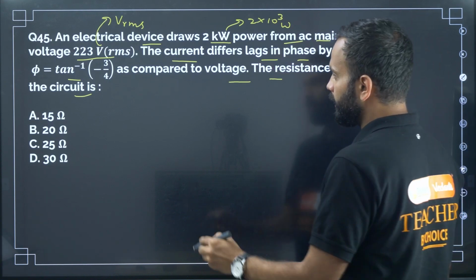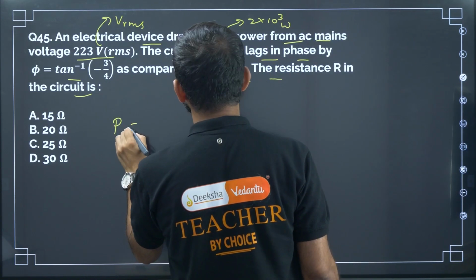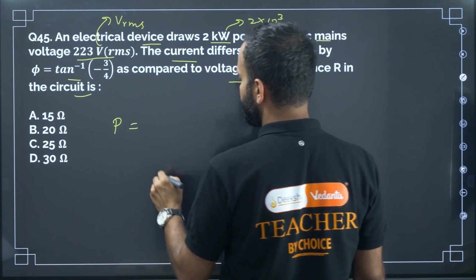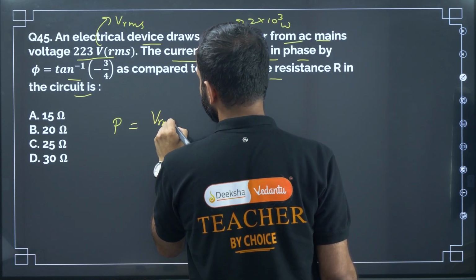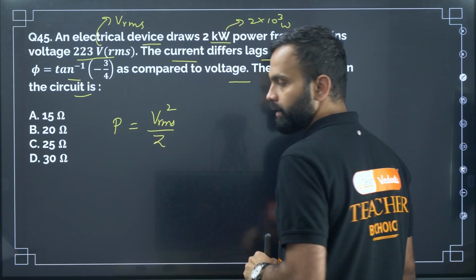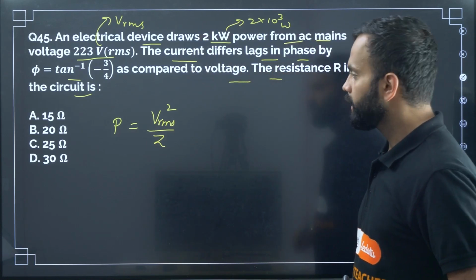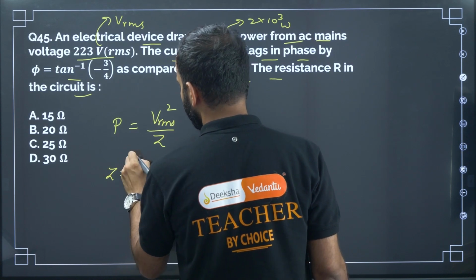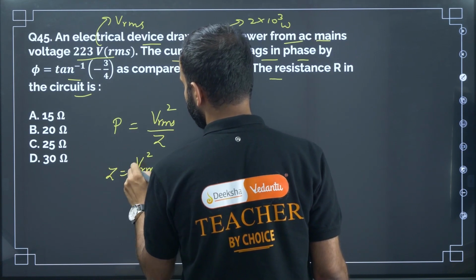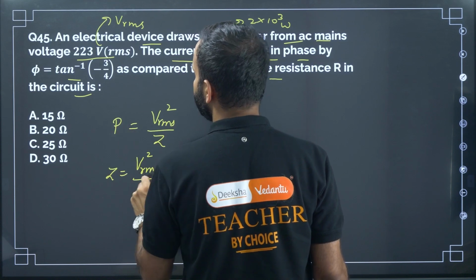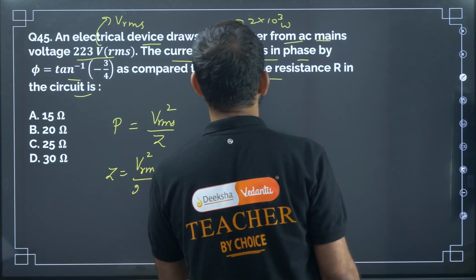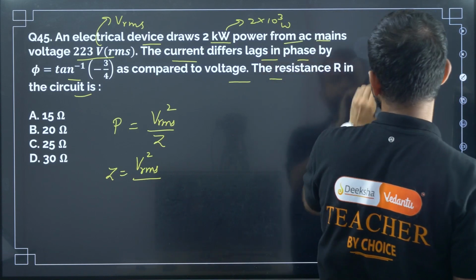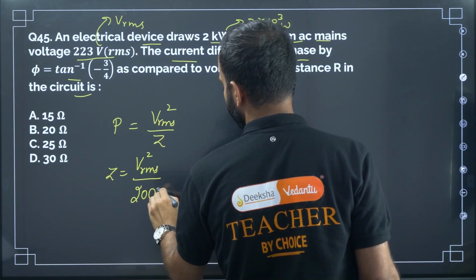Okay, so we know that the power drawn by the electrical device P equal to VRMS squared divided by Z. So now here Z equal to VRMS squared divided by P. P is 2000.